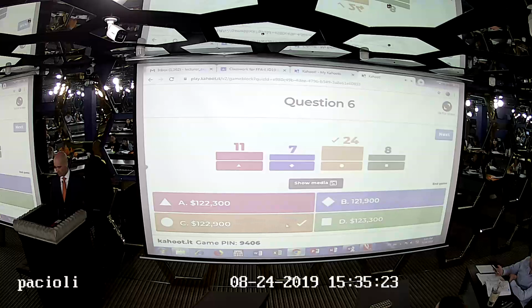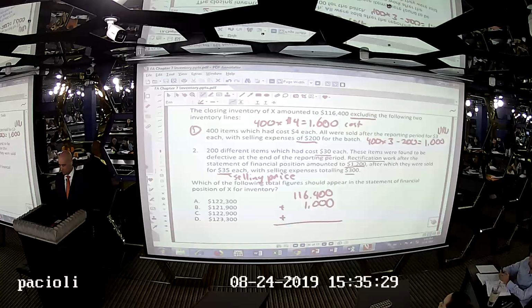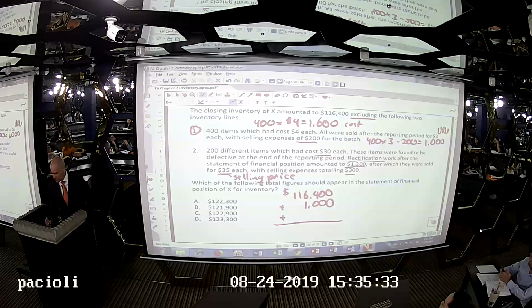The answer is C. Let's look at the answer here. So we have 1,100 and 16,400. We add 1,100. Now for number 2, we need to find what is smaller.